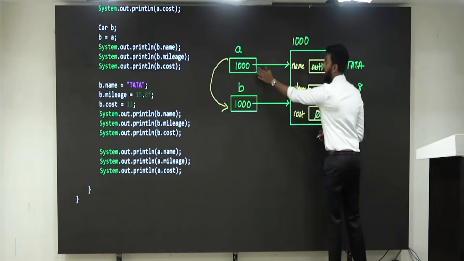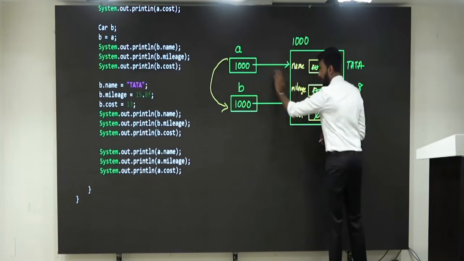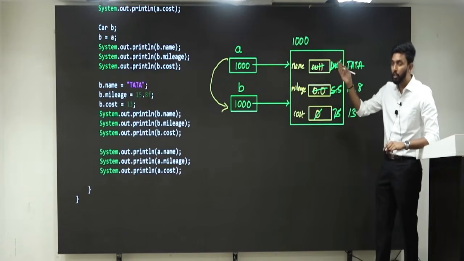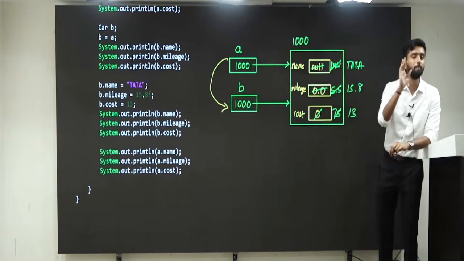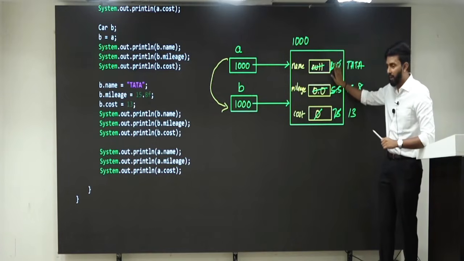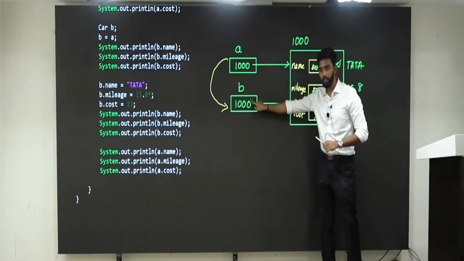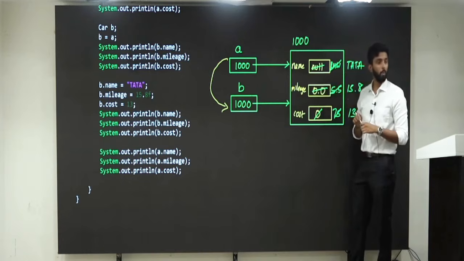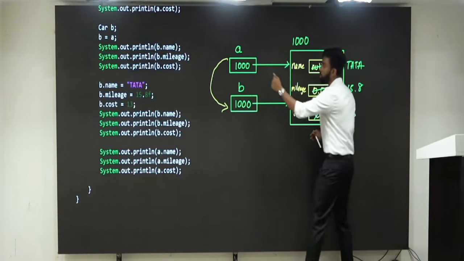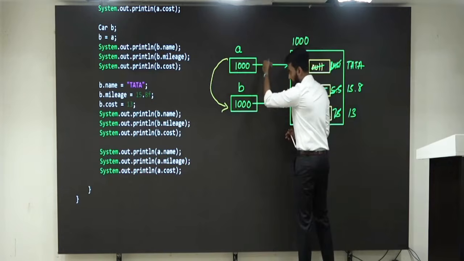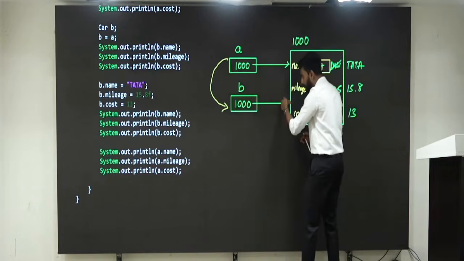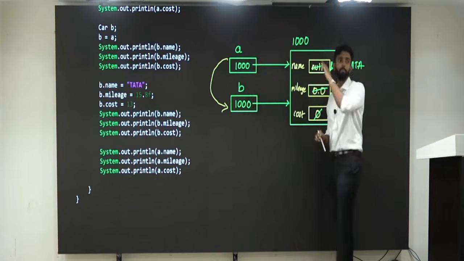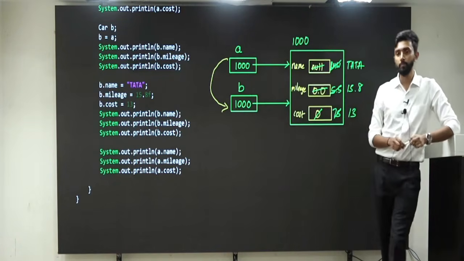After that, you are telling A dot name, A dot mileage, A dot cost. Whether you tell A or whether you tell B, it is the same. Because object is one, references are different. This is not a copy, it is the same. Hope you will understand. Which means change made by A will affect B, change made by B will affect A, because A and B are the same. Hope you are able to understand.